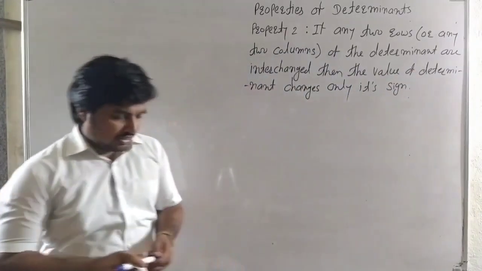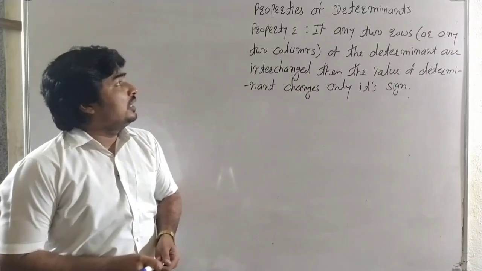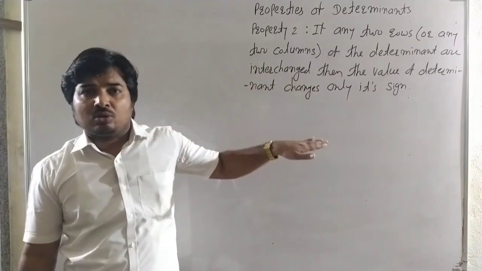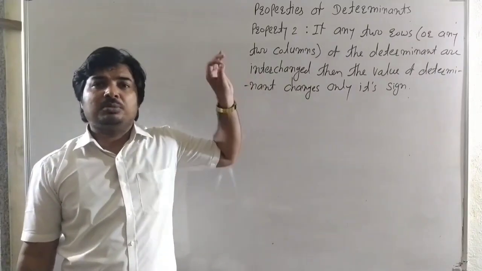The last property: if we interchange all rows and all columns, then the value of the determinant remains unchanged.